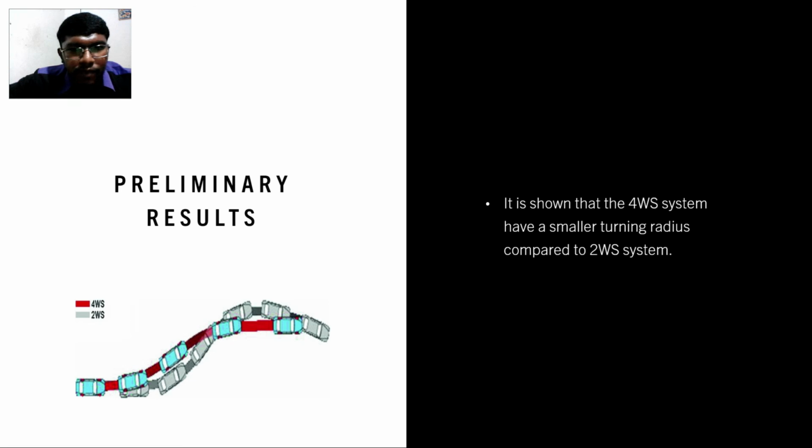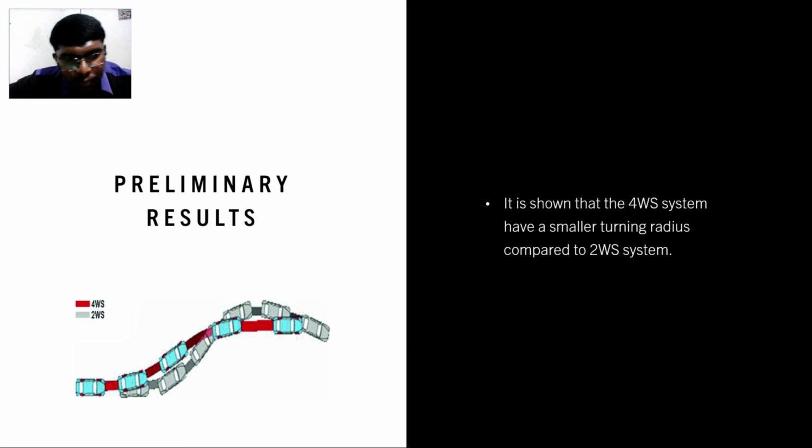Okay, now from my research, there are some preliminary results. It is shown that the 4WS, which means four-wheel steering system, has a smaller turning radius compared to 2WS, which means two-wheel steering system. You can see the diagram below.